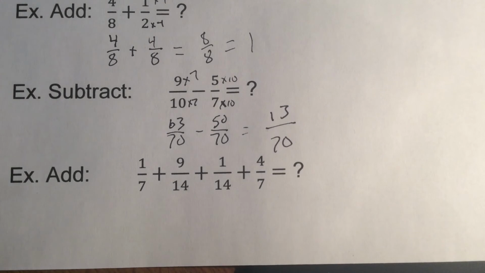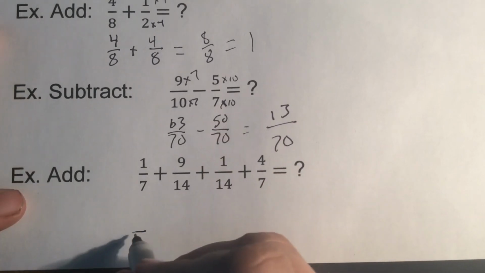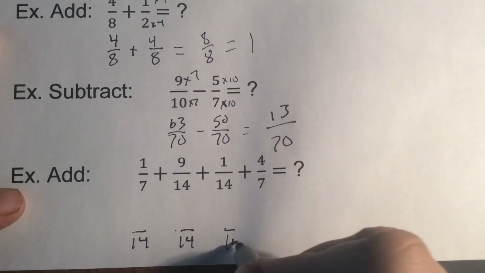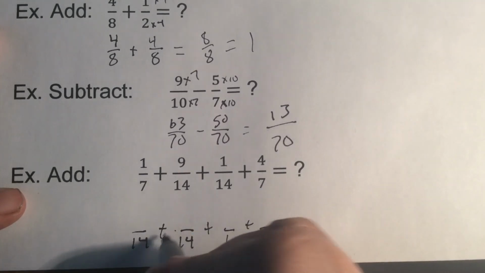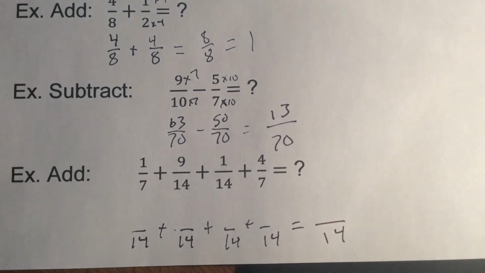Now, if we have more than 2 fractions, it's still the same thing. We still have to have that common denominator. Now, 7 and 14: well, if I take 7 times 2, I get 14. So 14 is going to be my common denominator. So it's going to be the denominator for my answer.